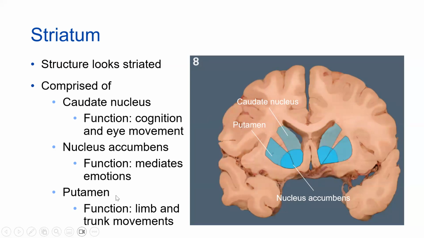The functions here are just for your information, but know that they're part of the basal ganglia and be able to identify them. They're all involved in motor control. Nucleus accumbens does mediate emotion as well, but mainly for movement.